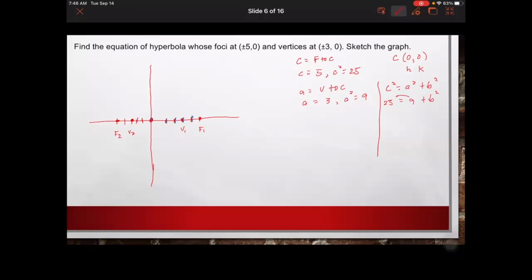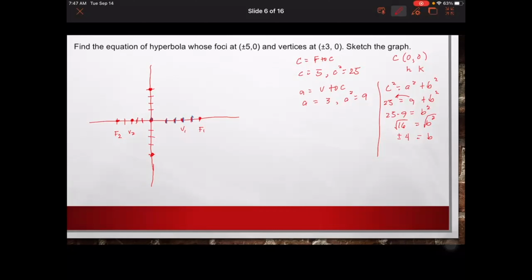Then, transposition. 25 minus 9 is equal to B squared. And this is 16 and B squared. So, taking the square root. So, your B is equal to positive and negative 4. So, natin siya ilalagay. So, dito. So, 1, 2, 3, 4. Yung isa. 1, 2, 3, and 4. Ito yung isa. Ayan.